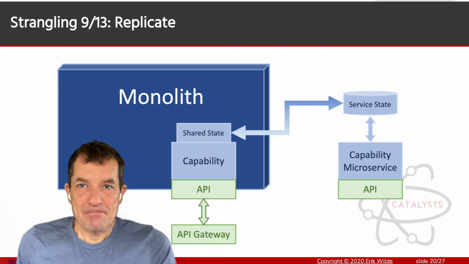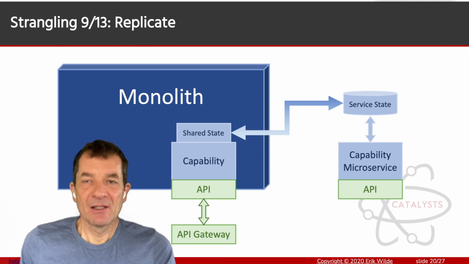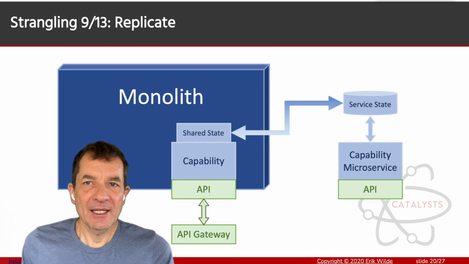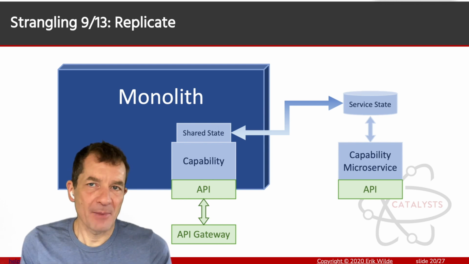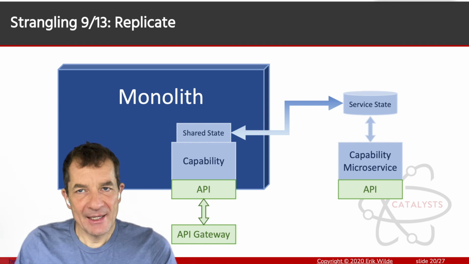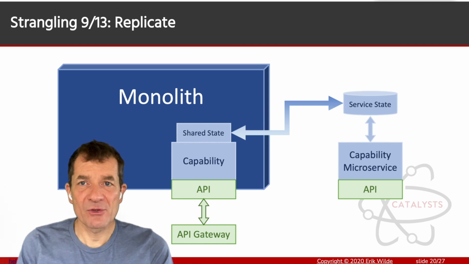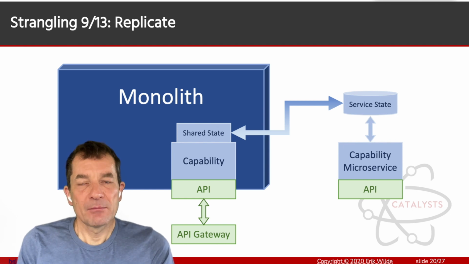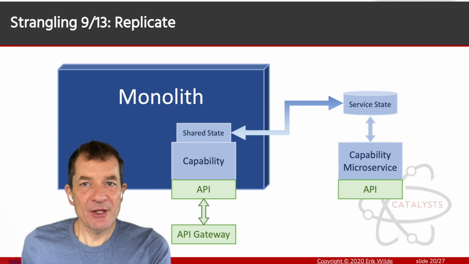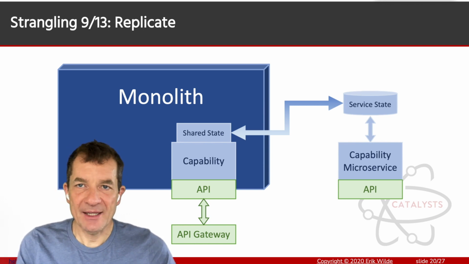One of the things that is missing in many cases is the state. So my new implementation needs to be able to access data and information that my monolith is managing. And very often that means now I need to start replicating that data to my microservices implementation so that my microservices implementation can use the same data that my original service uses, meaning that now it's not only the same implementation, it also shares the same state.